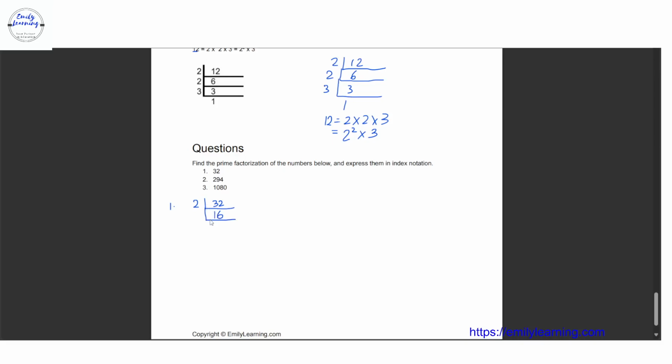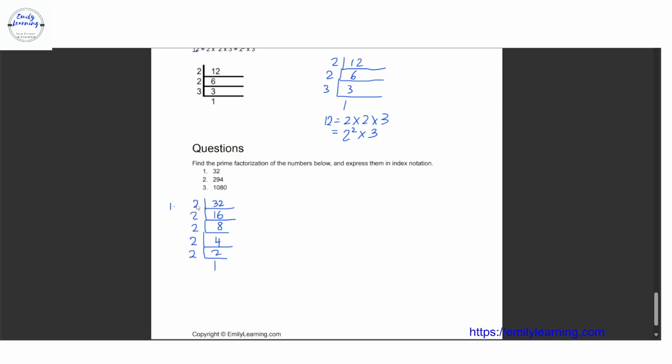Next, 16 is again an even number, so I'll take 16 divided by 2, I'll get 8. 8 is an even number, I'll take 8 divided by 2, I get 4. Then 4 is also an even number, so I'll take 4 divided by 2, and I'll be left with 2. 2 can only be divided by itself or 1, so I'll divide it by itself, and I'll be left with 1, so I know I can stop.